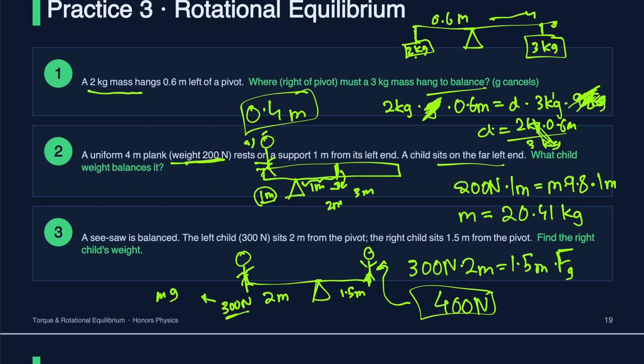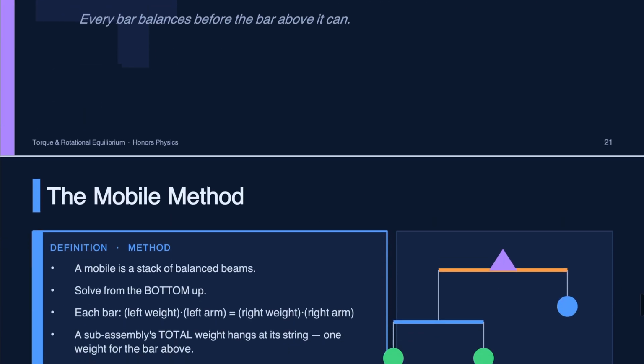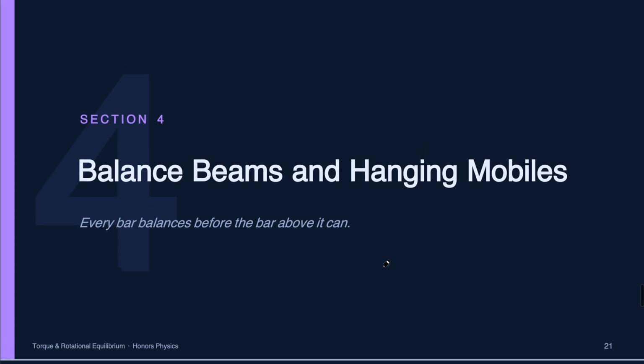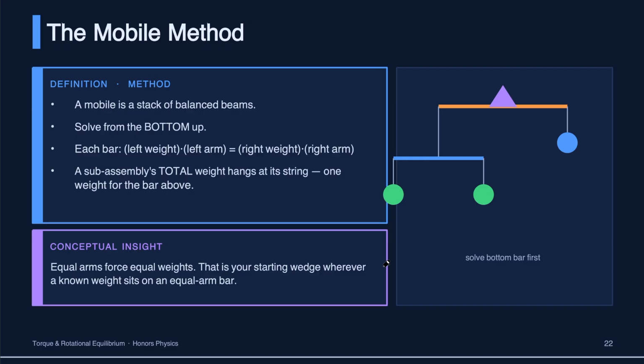Now I'm going to go on to a different concept that uses this very same concept. Okay, it's built upon the exact same foundation here, which is the mobile method and balance beams. These are problems that come up often in physics tests, and I want to make sure you're prepared for them. A mobile is a stack of balanced beams, so like this.